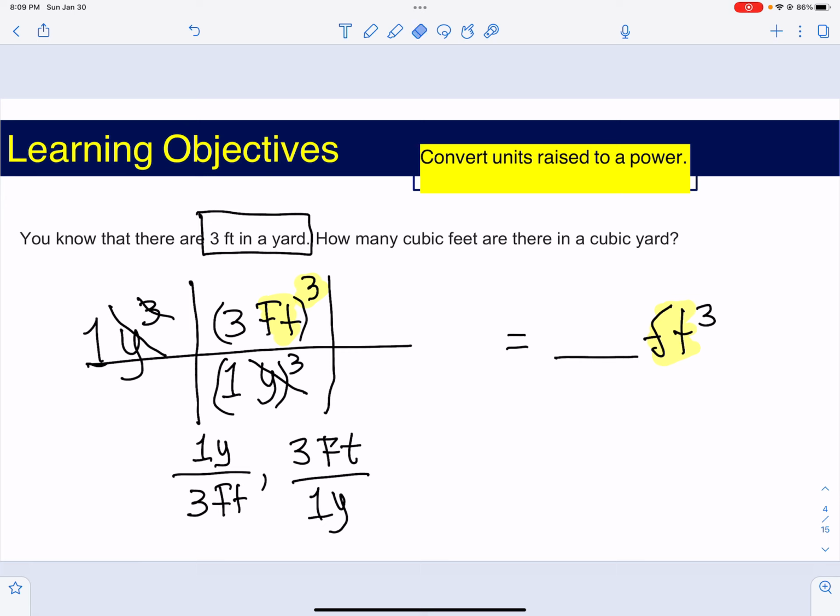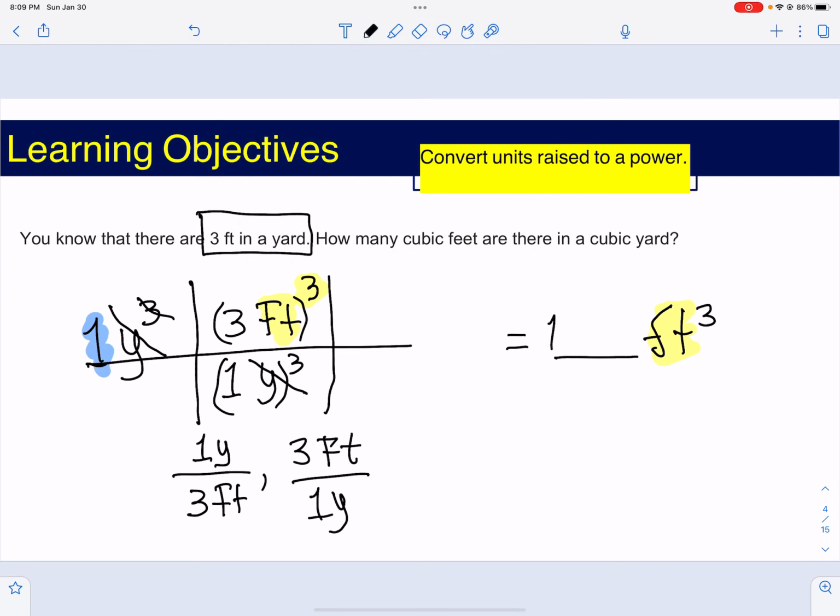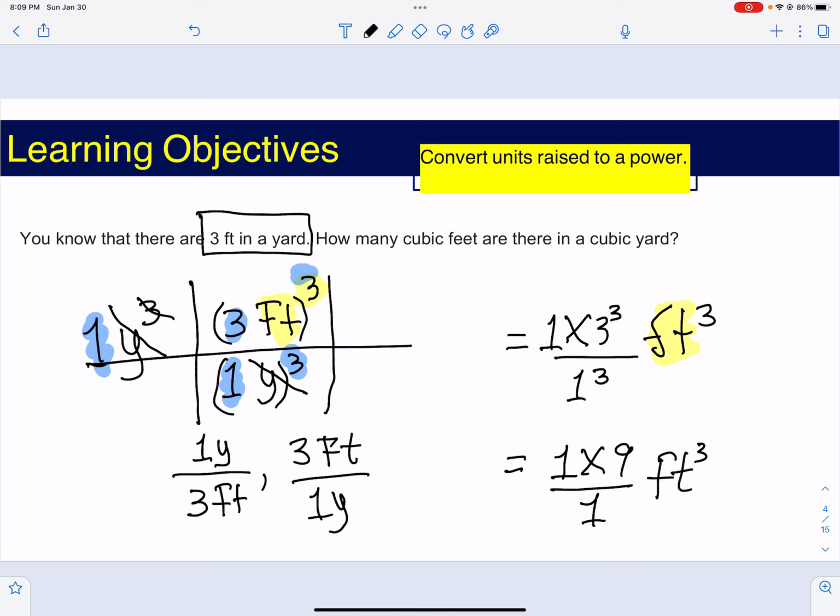So this is going to be 1 multiplied by 3 to the cubic divided over 1 to the cubic, which is nothing more than 1 times 27 over 1 cubic feet, or just 27 cubic feet.